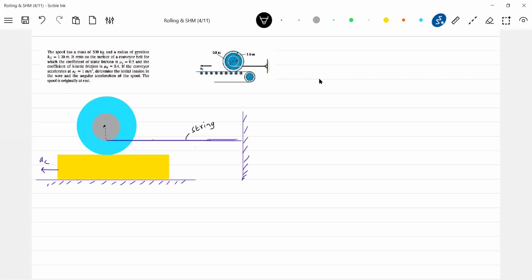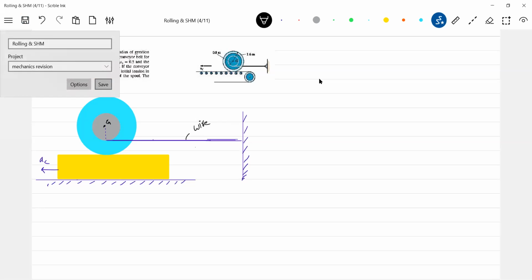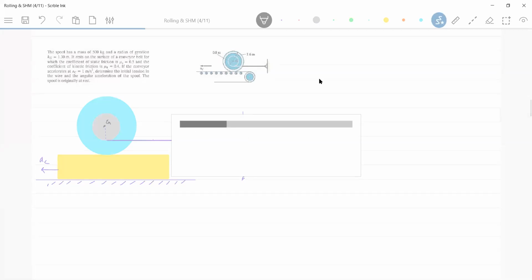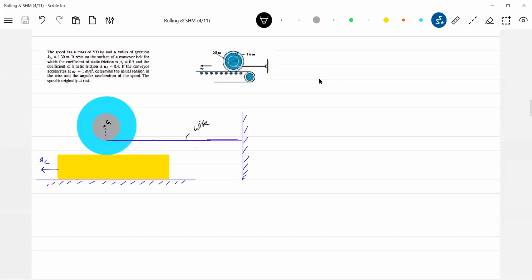The acceleration of the center of mass is a G. Inner radius, outer radius, he has given. This is a wire. It's a nice problem for students to really learn from. You can think in a random way, then you have to cross-check and correct yourself. That's the requirement of this particular problem.